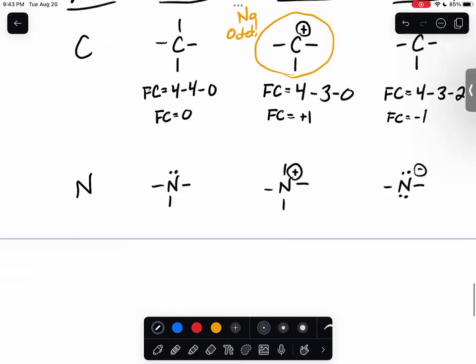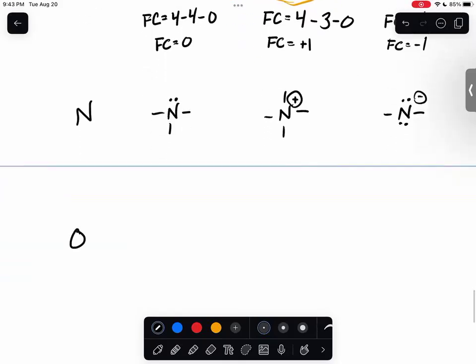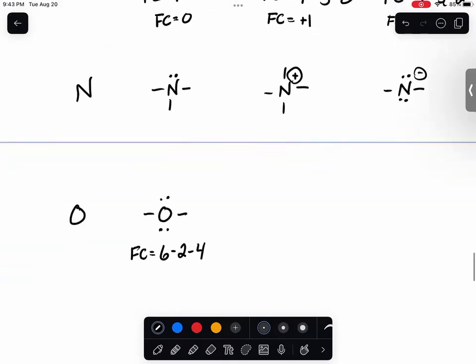Oxygen, on the other hand, is slightly different, right? It is happy with 2 bonds and 2 lone pairs because if we think about its formal charge, 6 valence electrons, 2 bonds, and 4 unpaired electrons gives us a formal charge of 0.